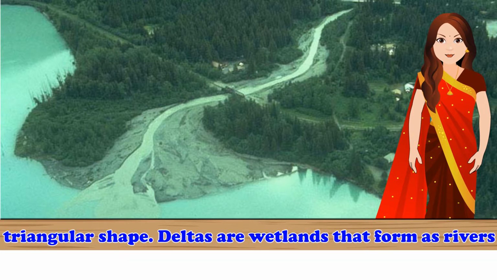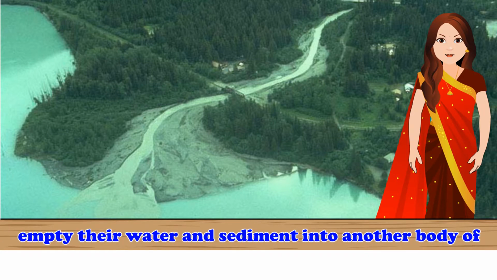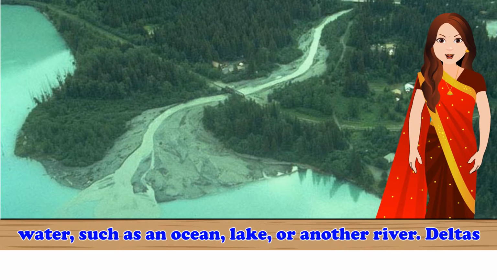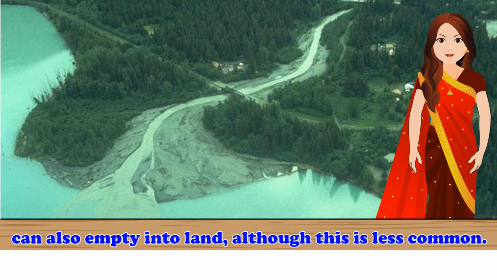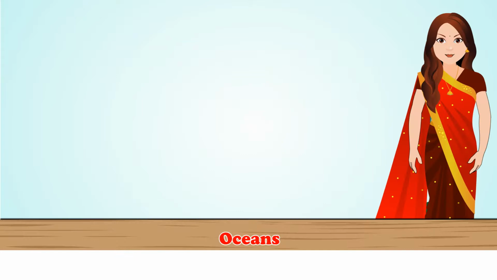Deltas are wetlands that form as rivers empty their water and sediment into another body of water, such as an ocean, lake, or another river. Deltas can also empty into land, although this is less common.